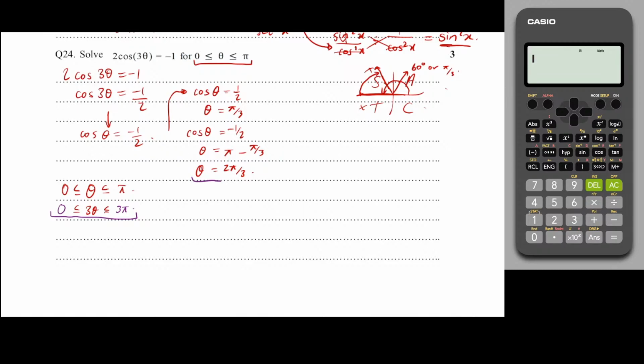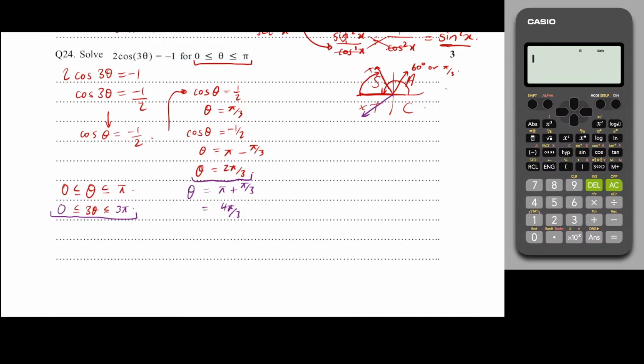So we've got one of our solutions, okay, which is this one down here. Now we're going to look at our second solution. So when we've changed our domain, that's going to include this value down here. Okay, so theta could be pi plus pi on 3, which is equal to 4 pi on 3. And finally, we've got the other one. Well, there's only 2 values where that is, but because it's 3 theta, we're probably presuming that there's going to be 3 values.